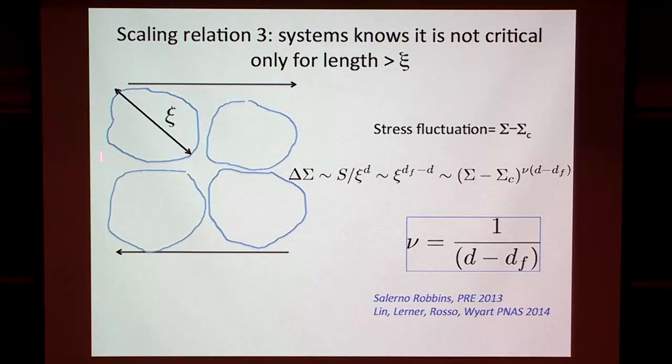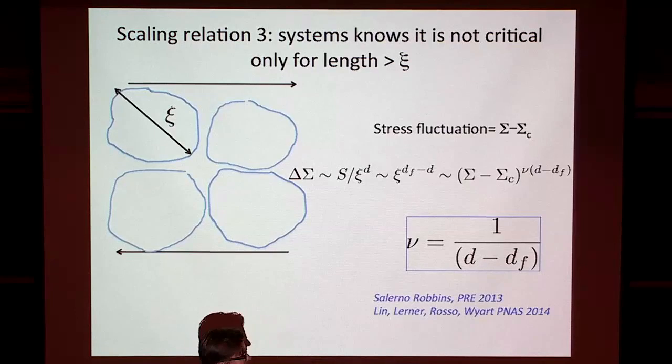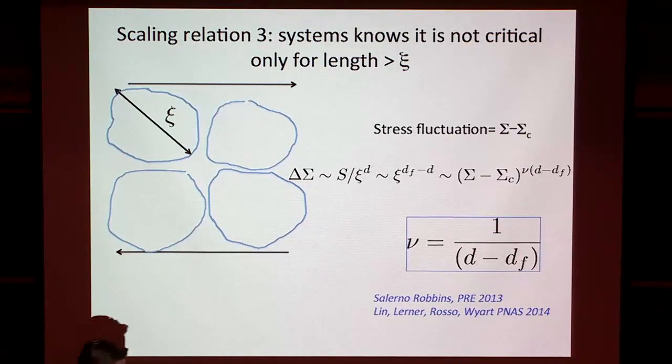The fluctuation of stress on the scale psi is equal to sigma minus sigma c. So that gives you the last scaling relation. It was already pointed out by Salerno and Robbins that this relation may apply in here because it applies in depinning. So what we added to that is to show that in simple models of depinning, like elastoplastic models, if you have the tilt symmetry of the disorder, you can actually argue that it has to be correct if you assume linear elasticity.